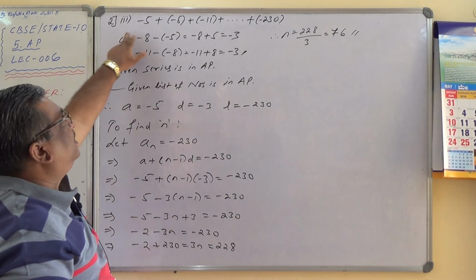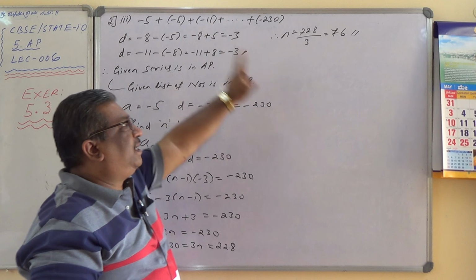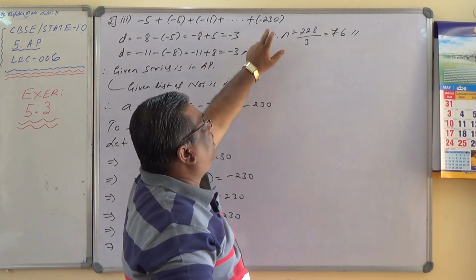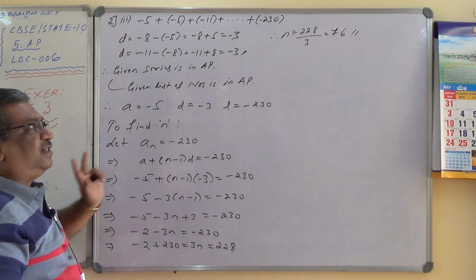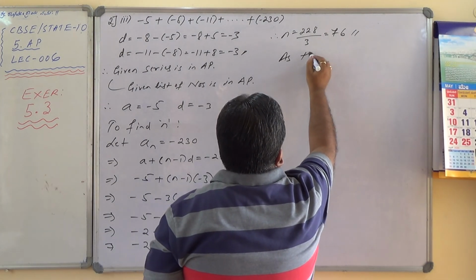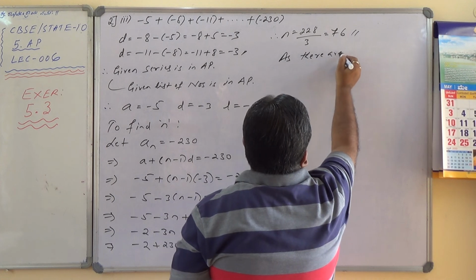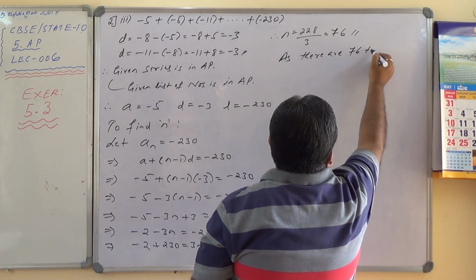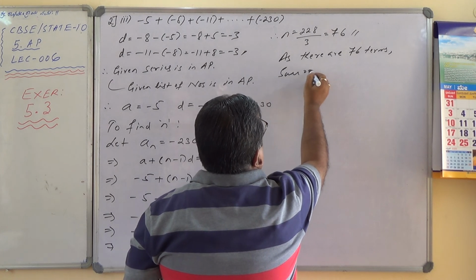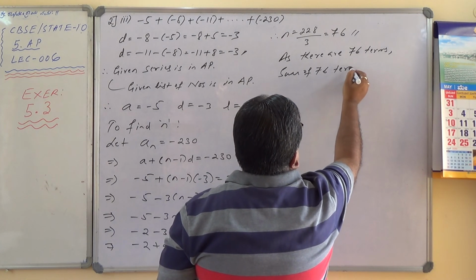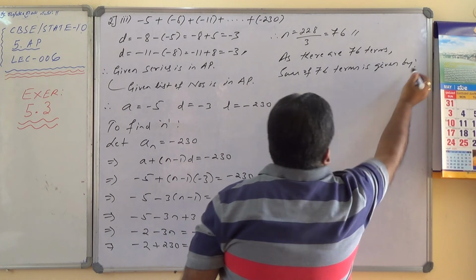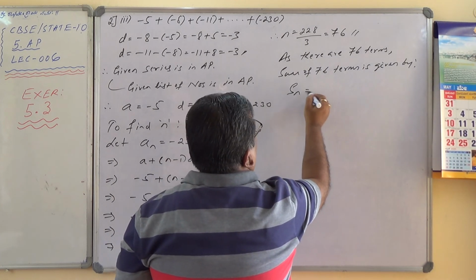How many terms are there in the given series? Basically there are 76 terms. Therefore the sum from minus 5 to minus 230 is nothing but the sum of 76 terms. As there are 76 terms, the sum of 76 terms is given by, first the general formula I will use.